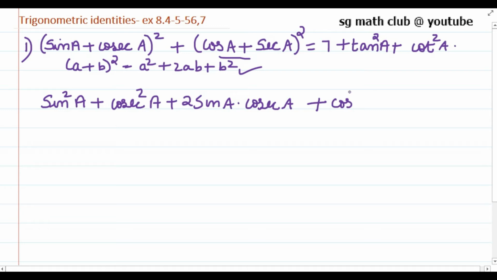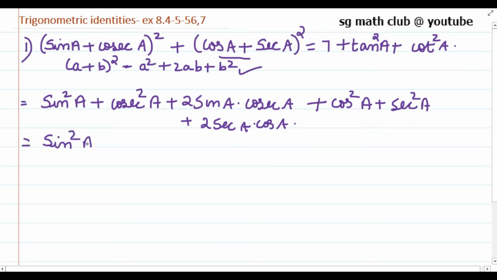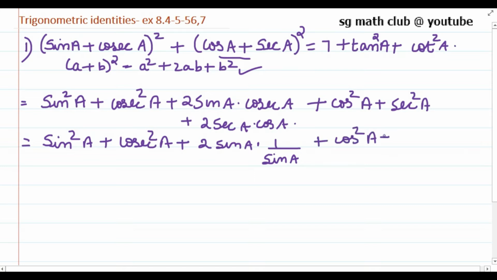So I can write cos square A plus sec square A plus 2 sec A into cos A. Now next step, sin square A plus cosec square A plus 2 sin A into cosec A, where cosec A I can write as 1 by sin A, the reciprocal ratio of sin, plus cos square A plus sec square A plus 2 into sec A, which I can write as 1 by cos A, into cos A. So this cos A and cos A cancel, and in the same way sin A and sin A cancel.